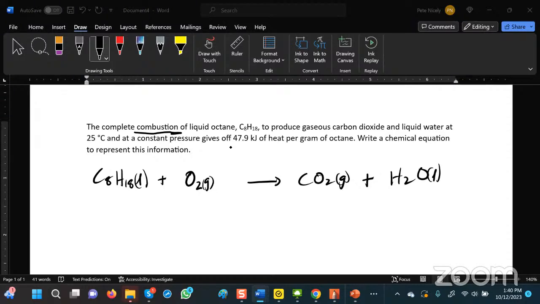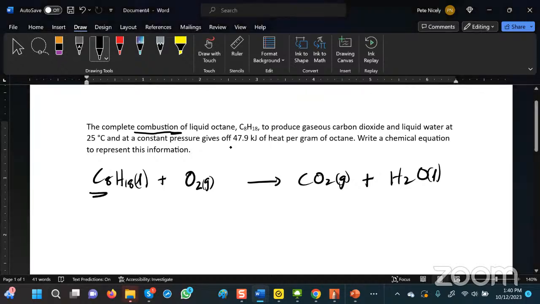Okay, so what do we do to balance this equation? Well, this should be easy for you guys by now. Let's balance the carbons.